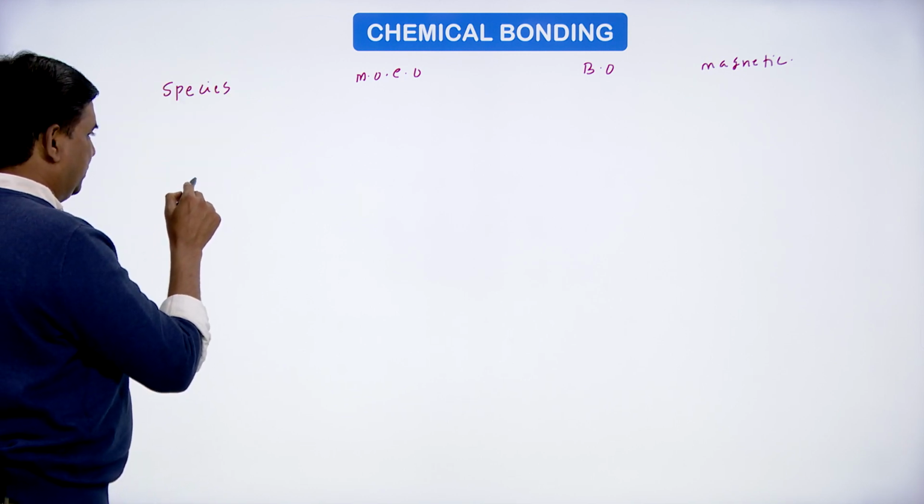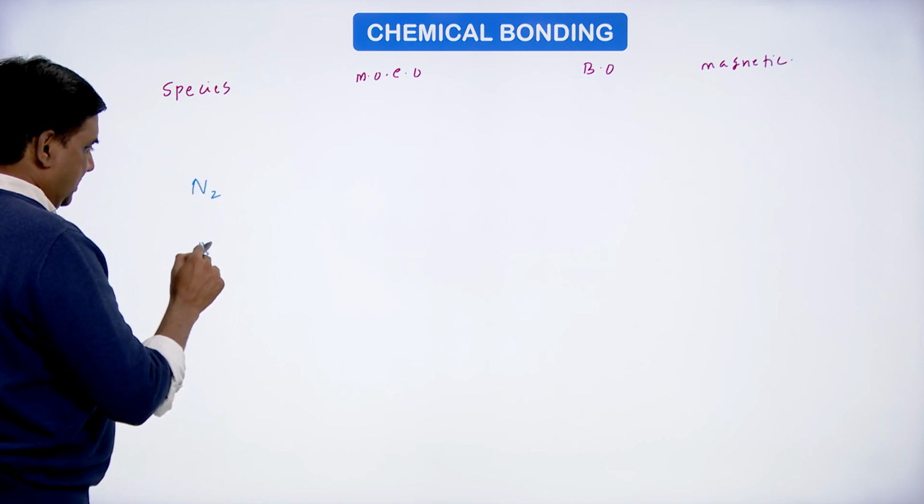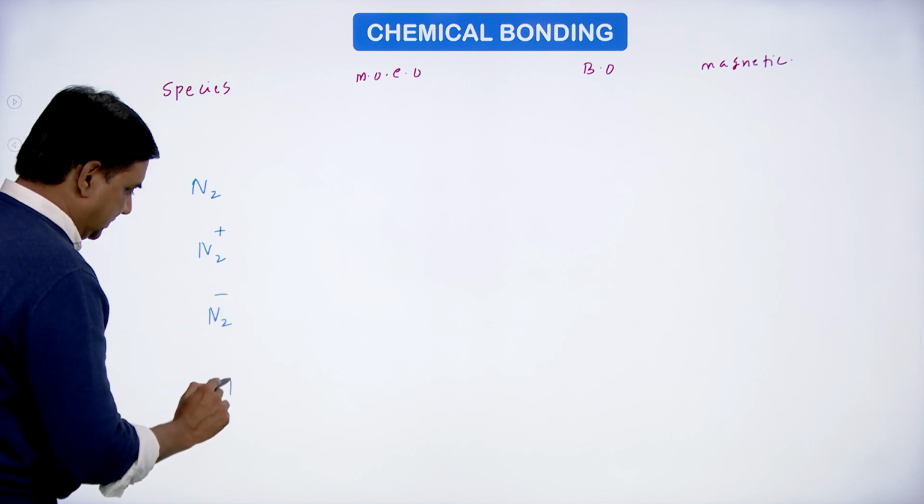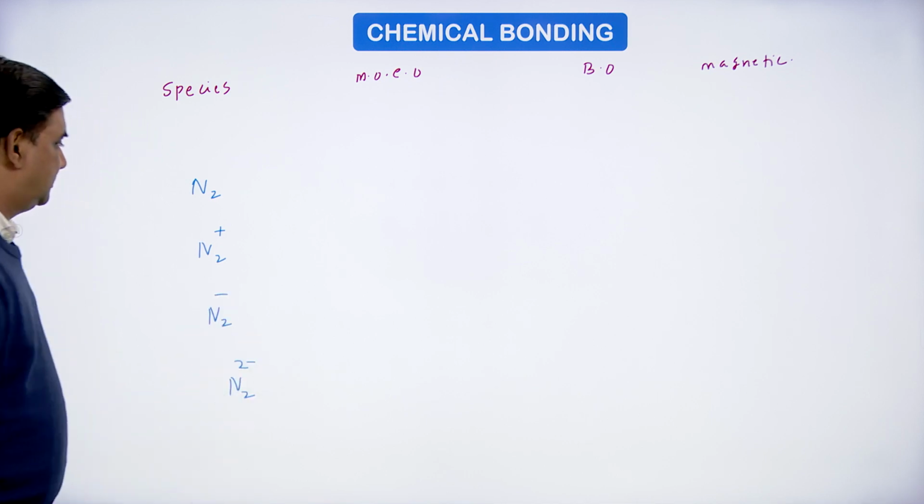Species are N2, N2 plus, N2 minus, N2 2 minus.